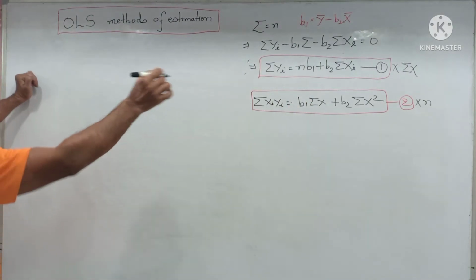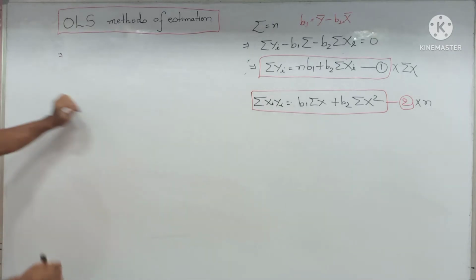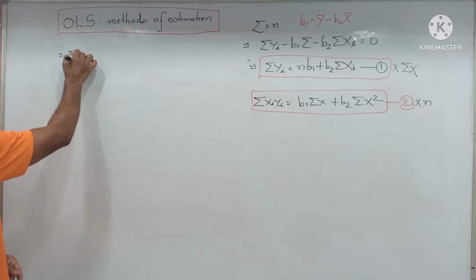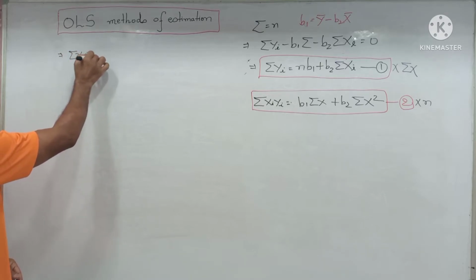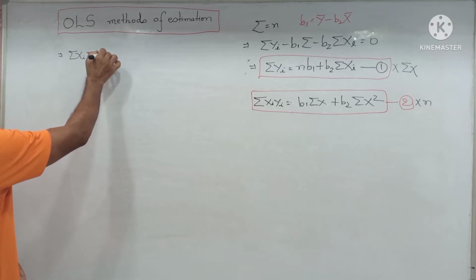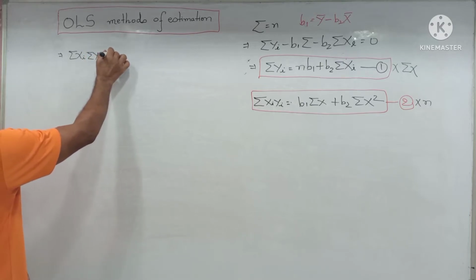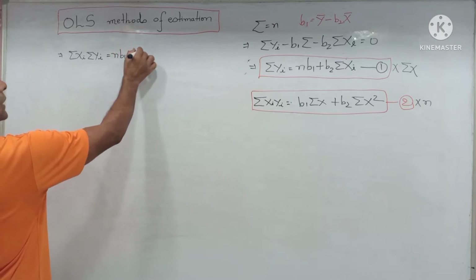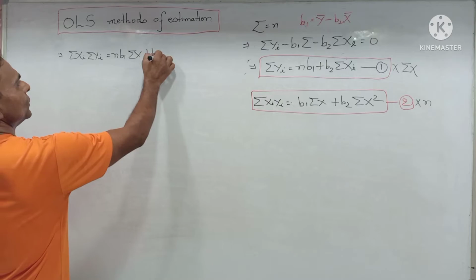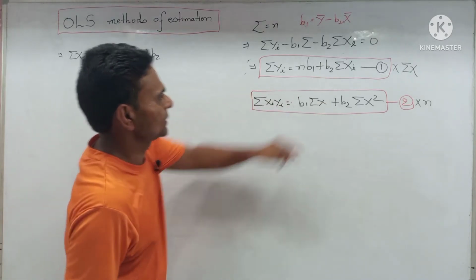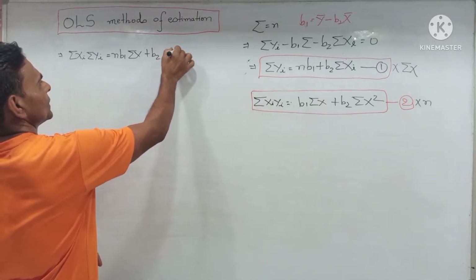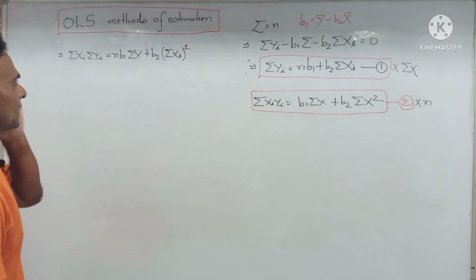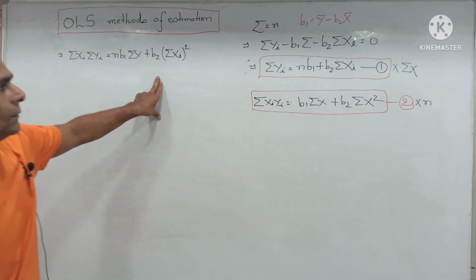So the first equation multiplied by summation of xi gives summation of xi times summation of yi equals n b1 summation of x plus b2 summation of xi times summation of xi, which becomes summation of xi whole square.